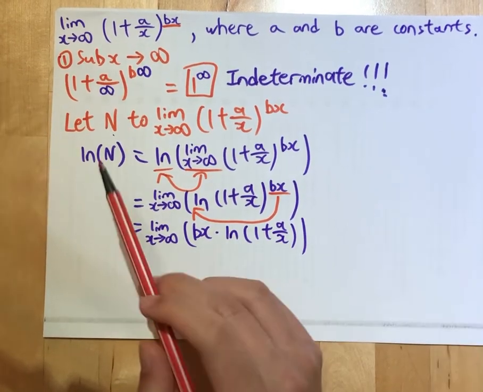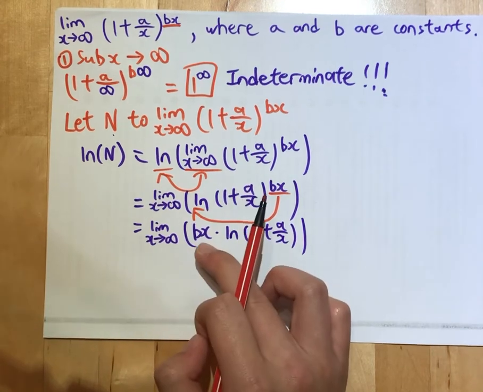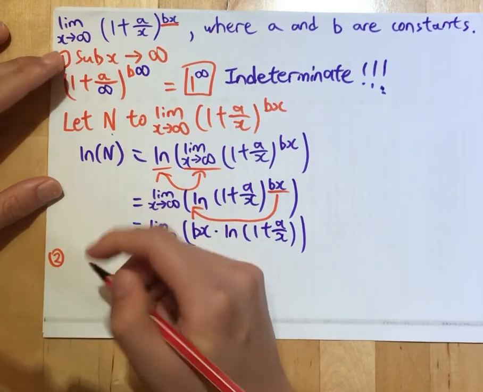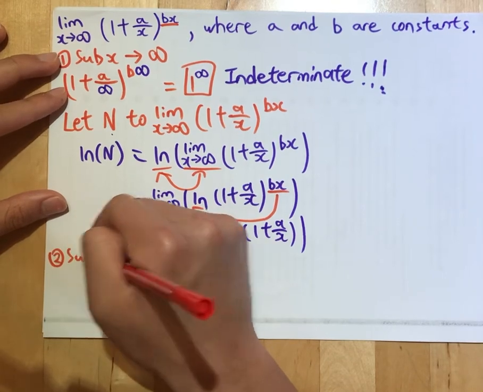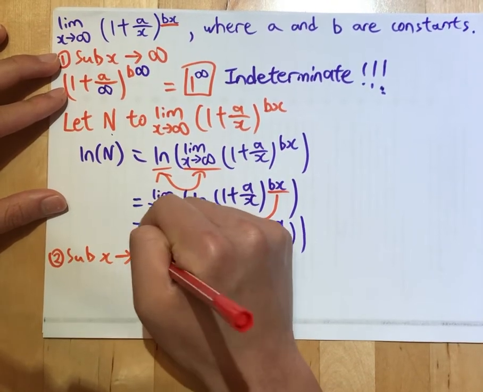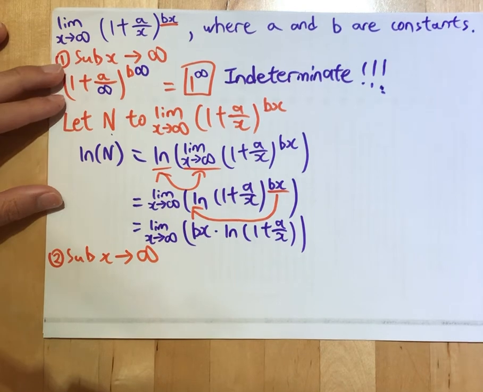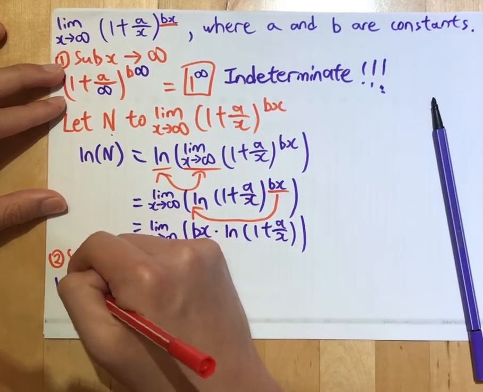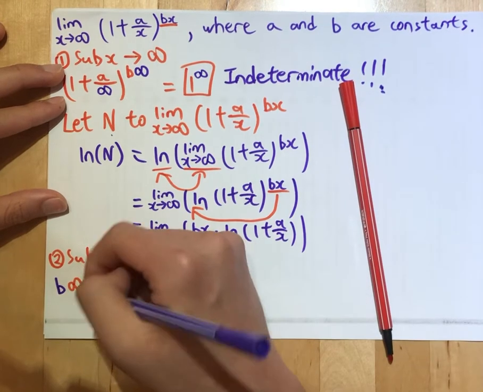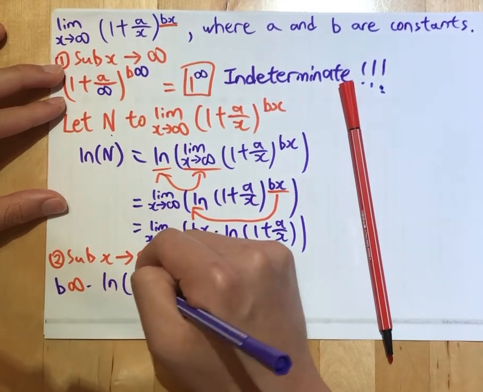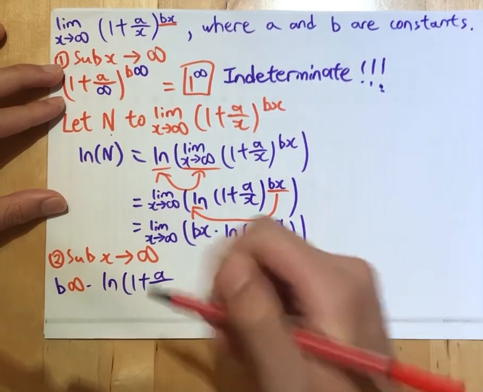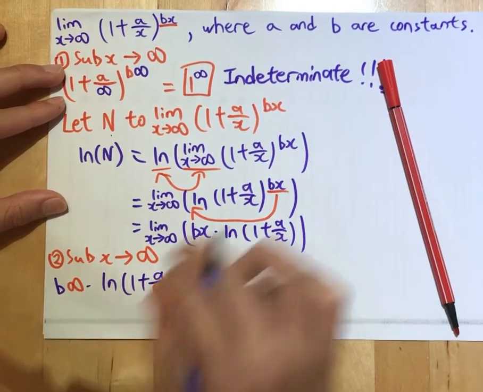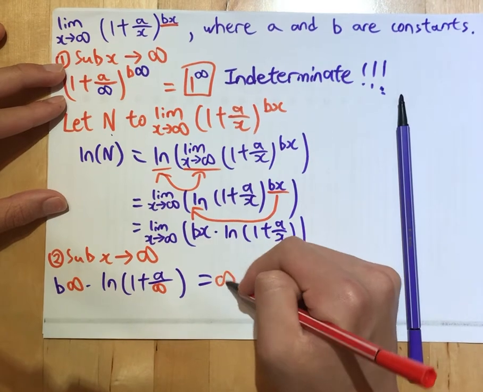Now maybe we can stop and try to substitute x to infinity. So this is our second try of substituting x to infinity. Can we get an answer? Let's try. b multiplied by infinity times natural log of 1 plus a over infinity. b infinity is the same as infinity.